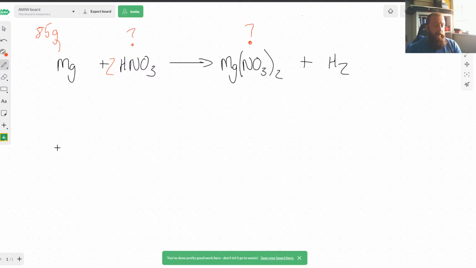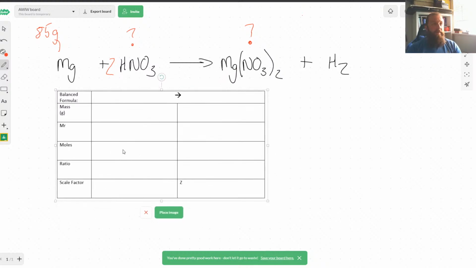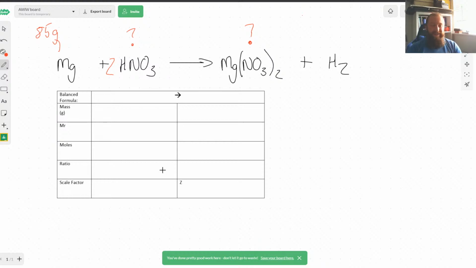So let's drop in the same table that I had before. Don't worry, you'll get good at this, I promise. I'm going to drop the same table in before, and I'm just going to go through and write in my balanced equation.